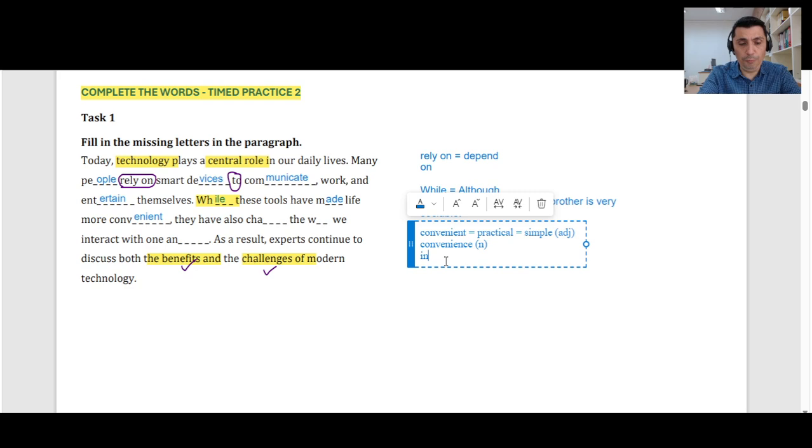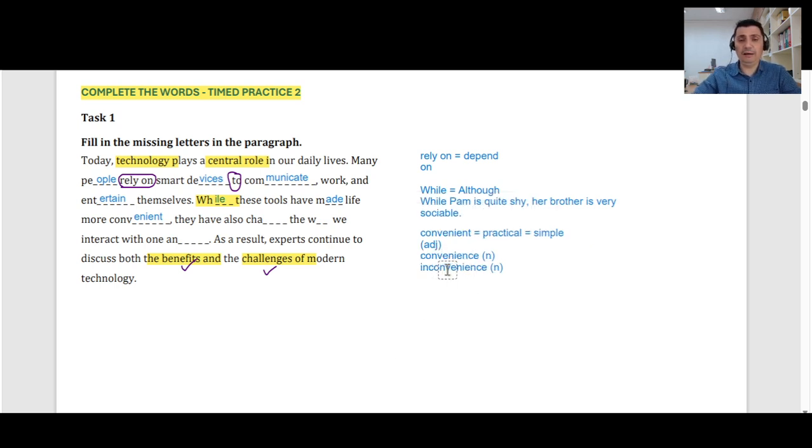And the opposite word is inconvenience. So inconvenience is the opposite. So if you're disturbing someone, if you're making that person's life uncomfortable, then it's an inconvenience. Okay.